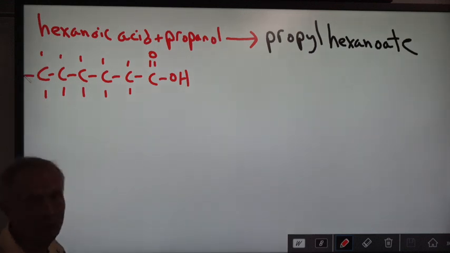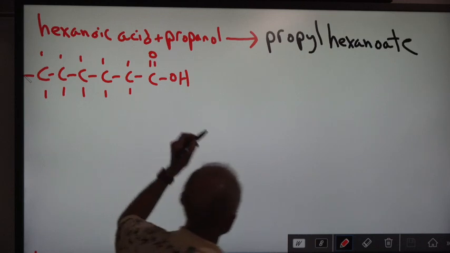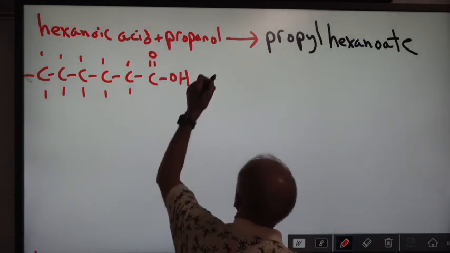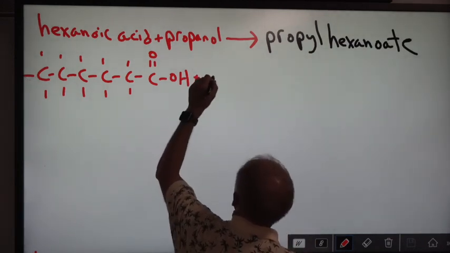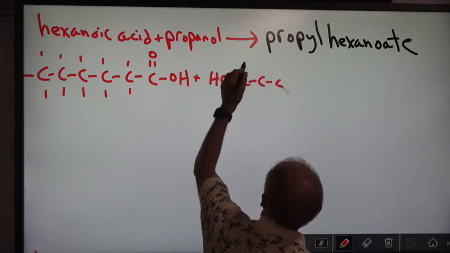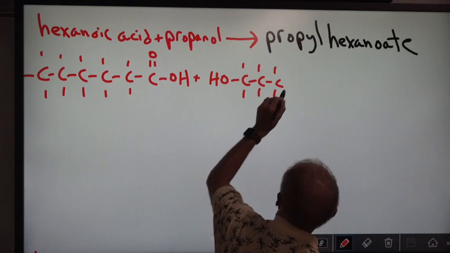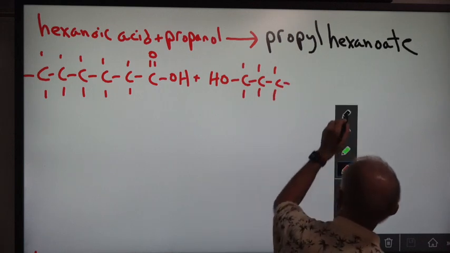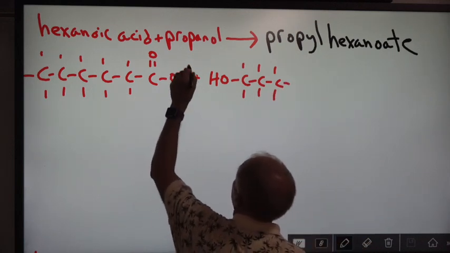So that is hexanoic acid. Propanol, we have 3 carbons. So don't forget, we got to do it reverse. So we have plus HO, 1, 2, 3. Take the water out.